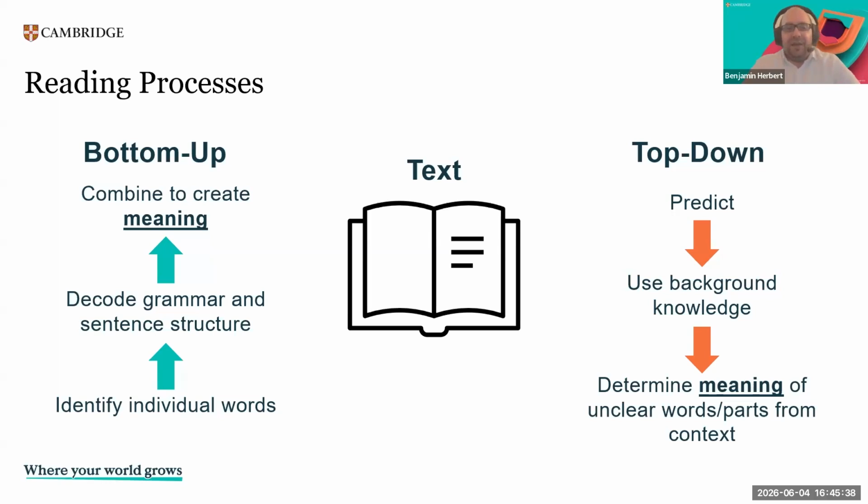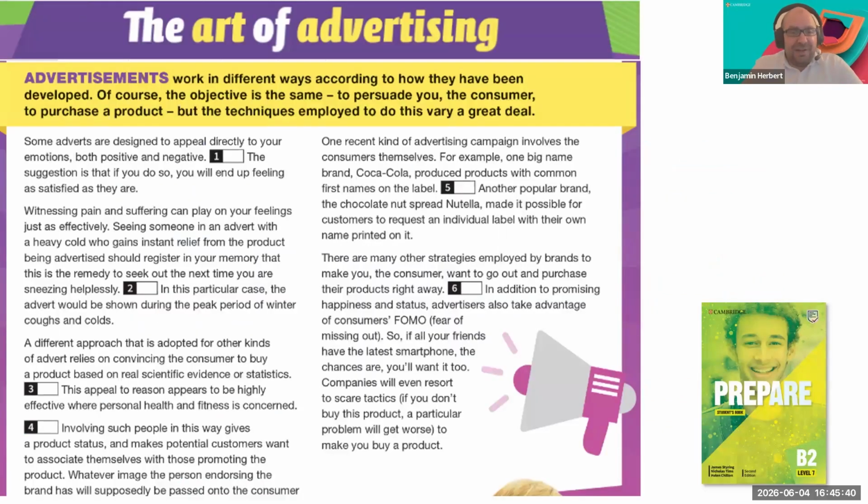So I have here an example of some exam preparation material. This is from a Cambridge title called Prepare. And we can see here that we've got our first gap, our first sentence that's missing.